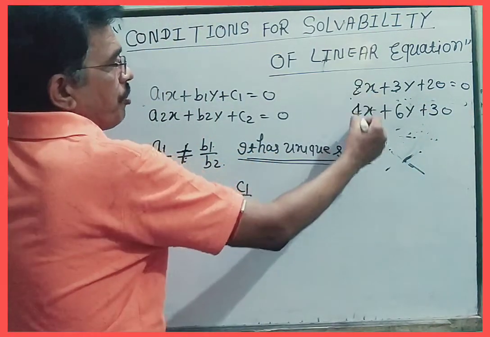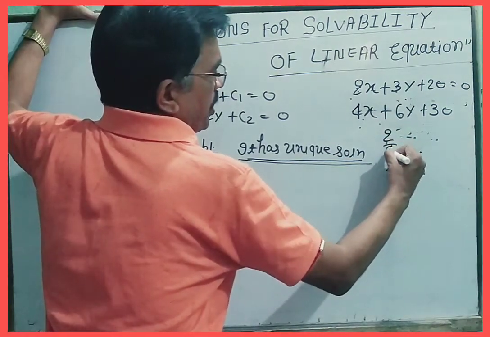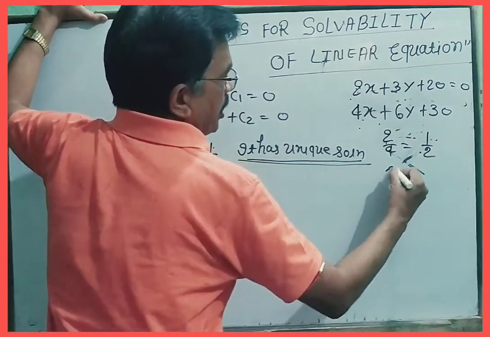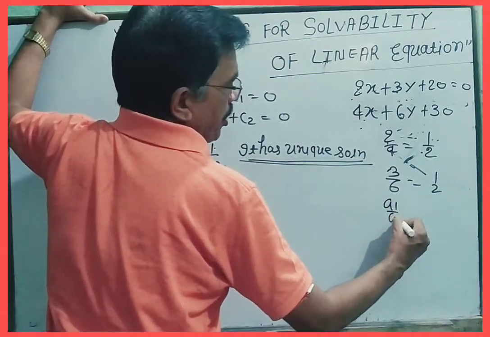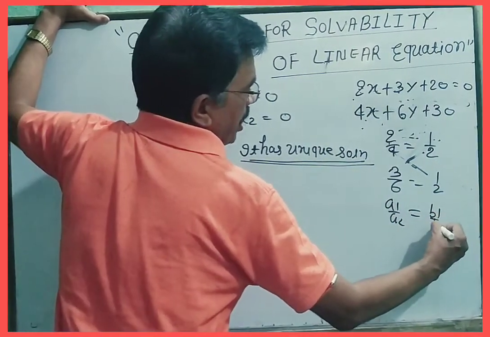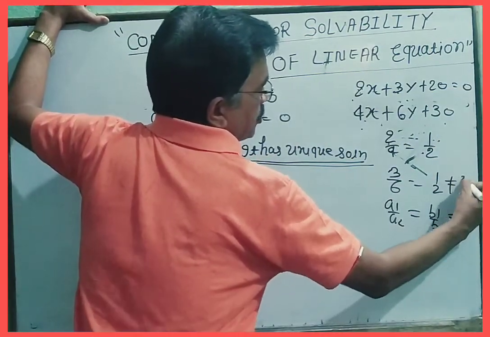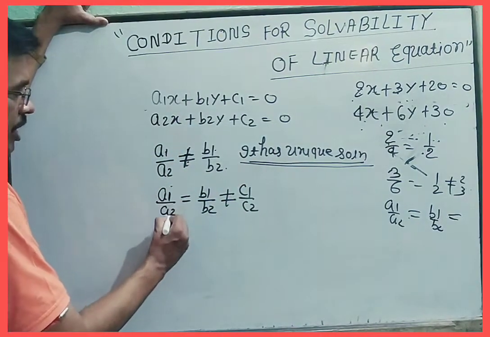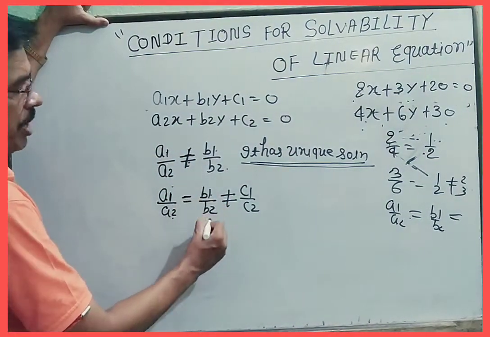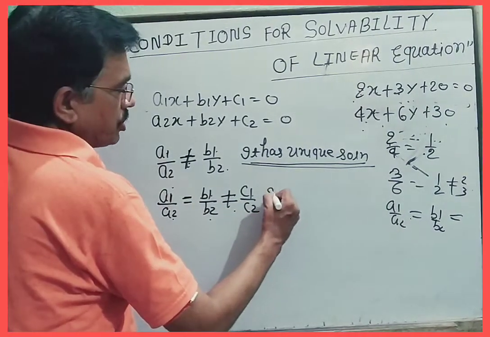That means 2 by 4 is equal to 3 by 6. 2 by 4 means 1 by 2, and 3 by 6 also means 1 by 2. So a1 by a2 is equal to b1 by b2, but c1 by c2 is 2 by 3, so it is not equal. When a1 by a2 is equal to b1 by b2 but not equal to c1 by c2, it has no solution.